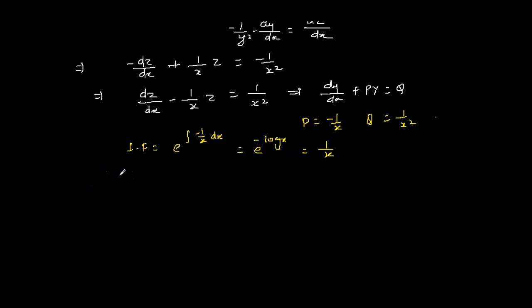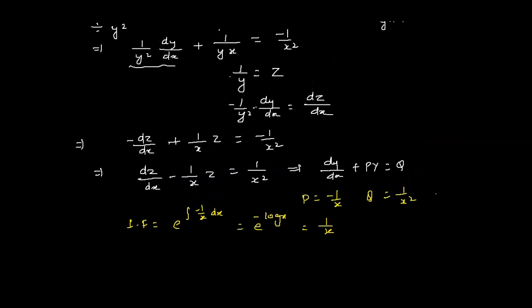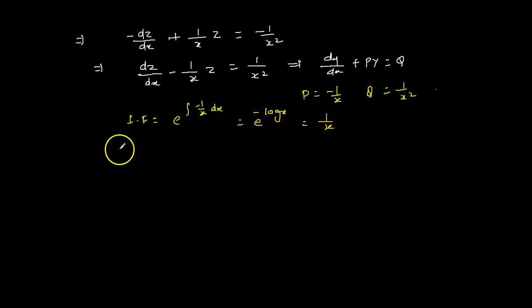So here you got 1 by x. Then you can write the general solution. We cannot write y here, because we have taken dy by dx, not dz by dx.